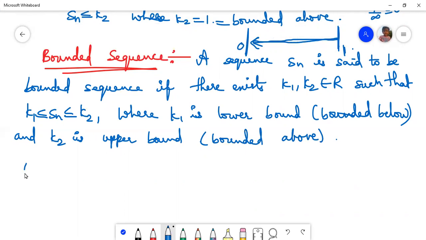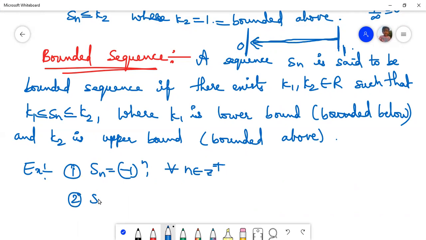For this, one example is Sn equal to minus 1 whole power n for all n belongs to Z plus.